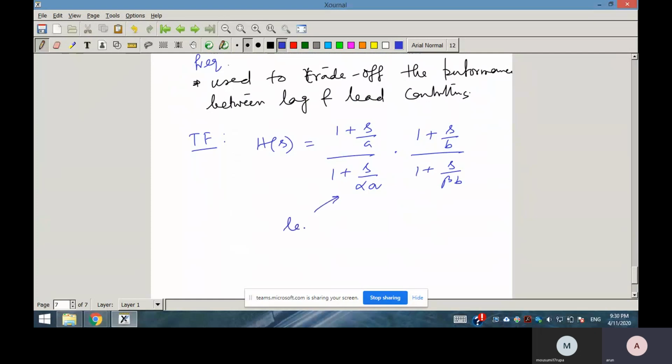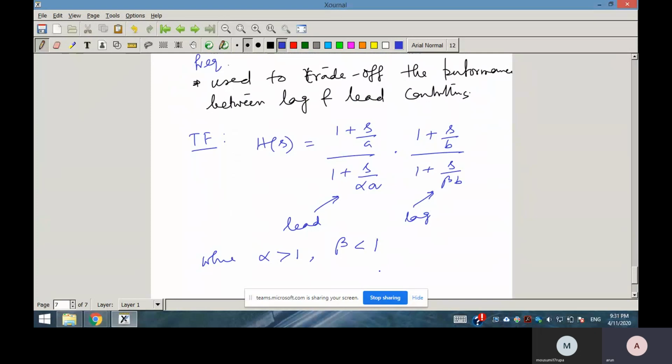If this is the lead part and this is the lag part, then of course alpha should be greater than 1 and beta should be less than 1.